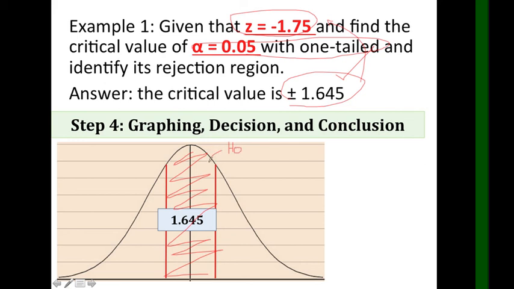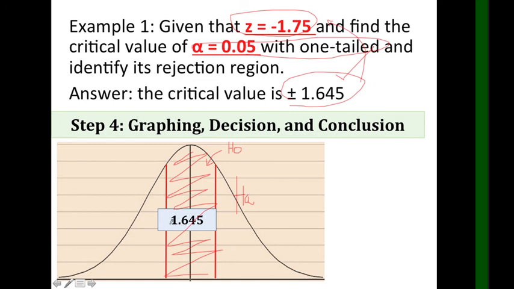Kapag naman lumagpas siya doon sa critical value natin, let's say, nandito siya sa left or nandito siya sa right, depende. Okay? Ang i-accept natin ay HA. Now, tignan natin yung answer natin. Ang critical value natin is 1.645. Ang answer natin is negative 1.75.